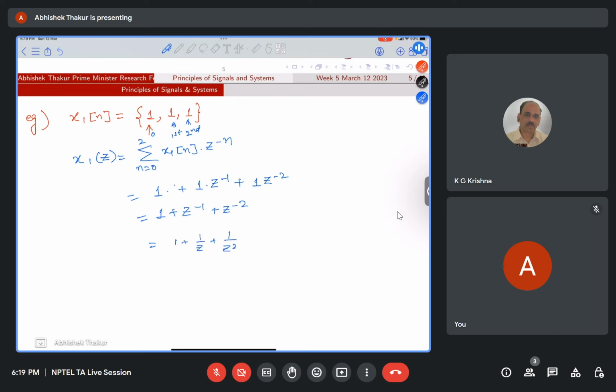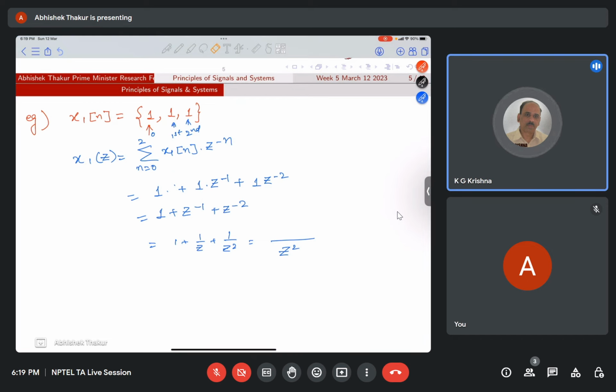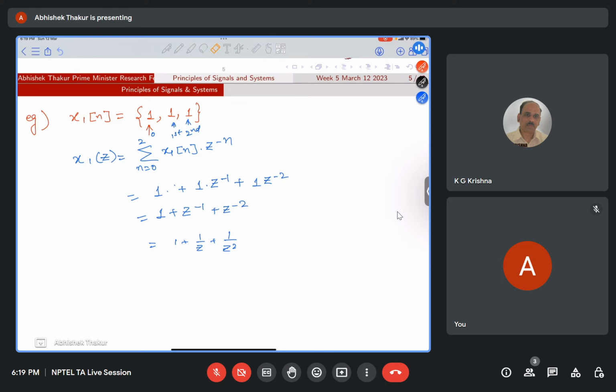When you do this, we will get z squared in the denominator, so there is a pole at z equal to 0. That's why the ROC does not include 0. Whatever is the pole, it will not be included in the ROC. The poles are just the boundary and are excluded from the region of convergence.